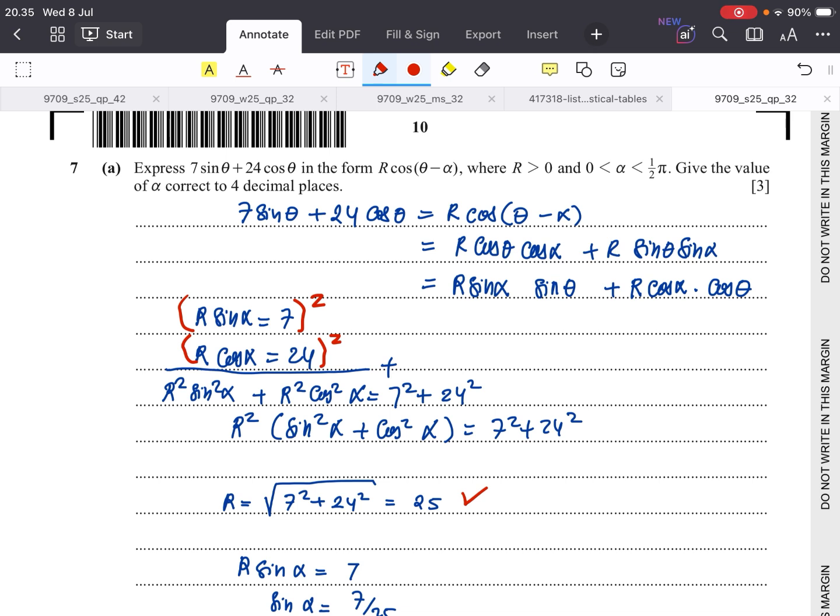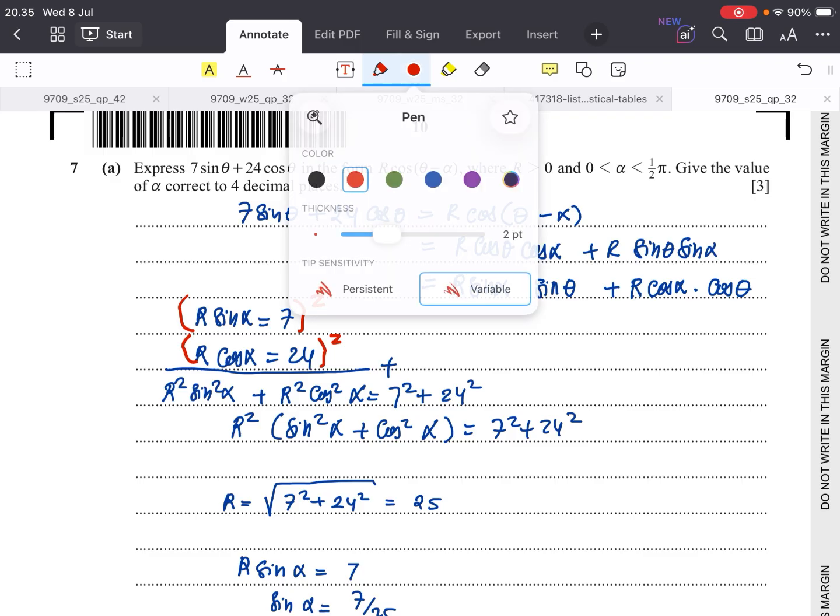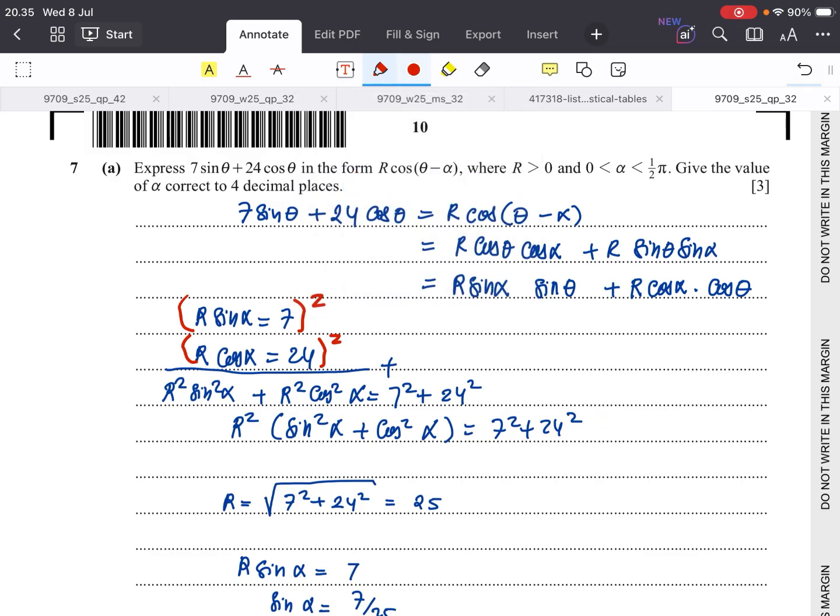So r square is equal to 7 square plus 24 square. You can do this process if you forget the formula. But usually if you already remember this formula, you can jump to this step. So r is equal to the square root of 7 square plus 24 square, which is equal to 25. So if you remember this formula, you can save some time of your test duration.